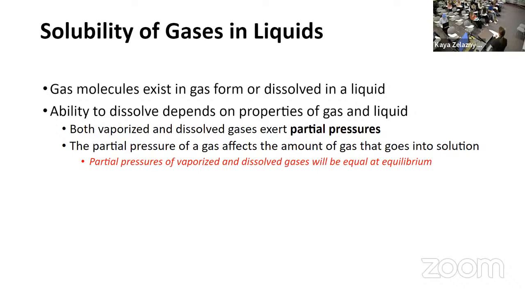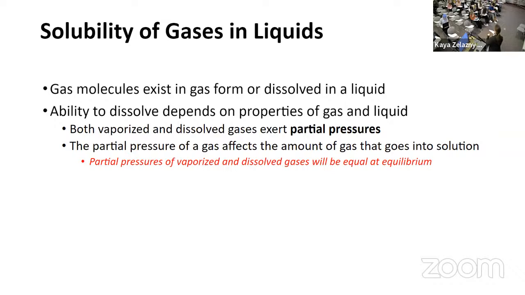So this means we're going to have to do another step. Okay. So your gas molecules can exist in gas form, but they can also dissolve in liquids, but they don't all dissolve in liquids equally well. Okay. This is actually good for us, kind of, because we saw what was going on with the carbon dioxide, right?